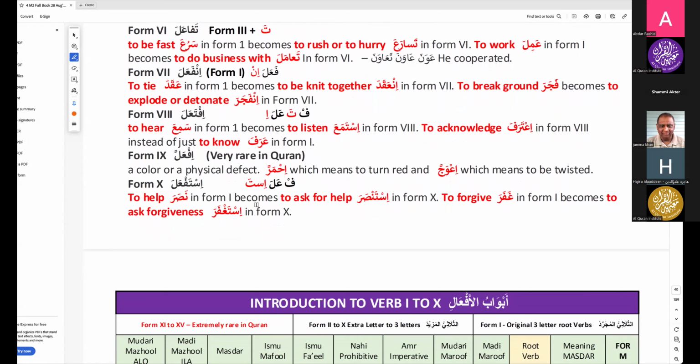Nasara is to help. Istansara, to ask for help. Can you see the intensity now is changing its meaning from help to ask for help. To forgive, ghafara. Istaghfara, to ask for forgiveness.